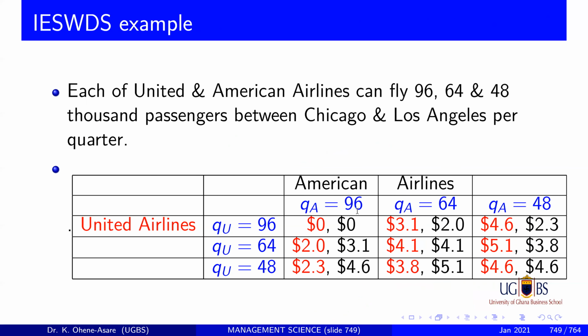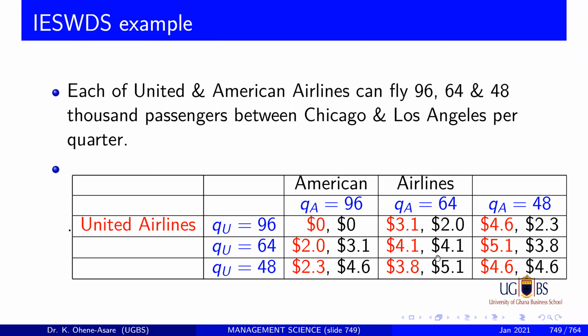If you look at American, you're comparing the 96 and 64, and you're looking at the black numbers. So 96 and 64, the first one, you see that 64 is winning. The second one, you see that 64 is winning because 4.1 is better than 3.1. And you see that 5.1 is better than 4.6.